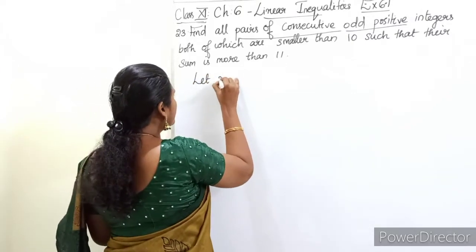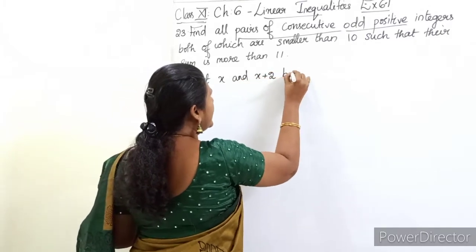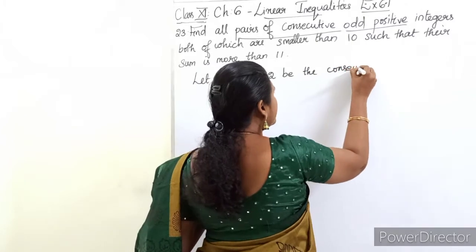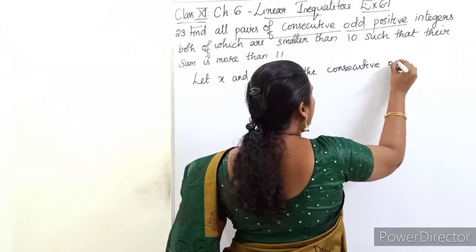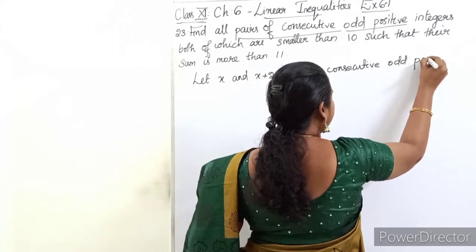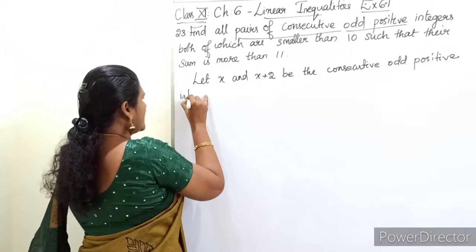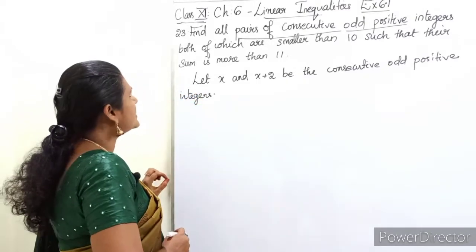Let X and X plus 2 be the consecutive odd positive integers. Now, what are the conditions given in the question?